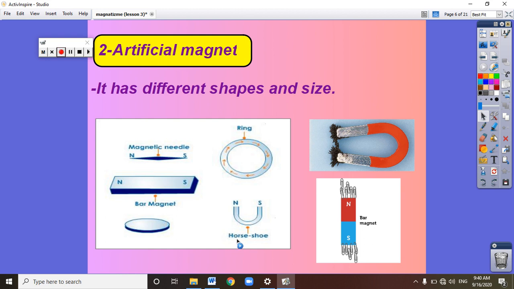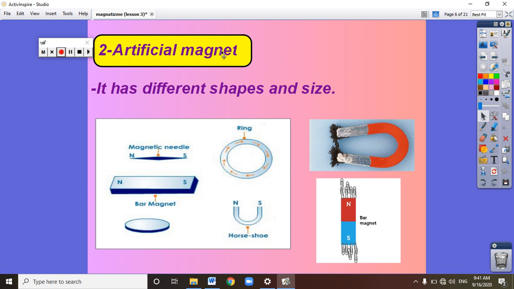Why do we name it horseshoe magnet? Because it's like the place where we put our shoes when we ride the horse, a place with this shape. So we named it horseshoe magnet. Or it has another name, which is U-shaped magnet, because it has the U shape.